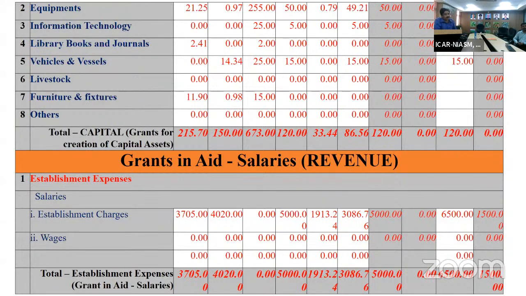Am I clear? Total allocation might have been made for different heads: furniture fixture, maybe some amount; land, some amount; building, some amount. So your expenditure may exceed the provision, or may also be less than the provision.